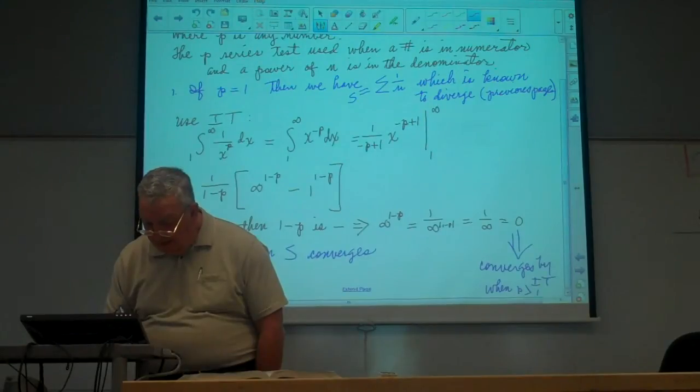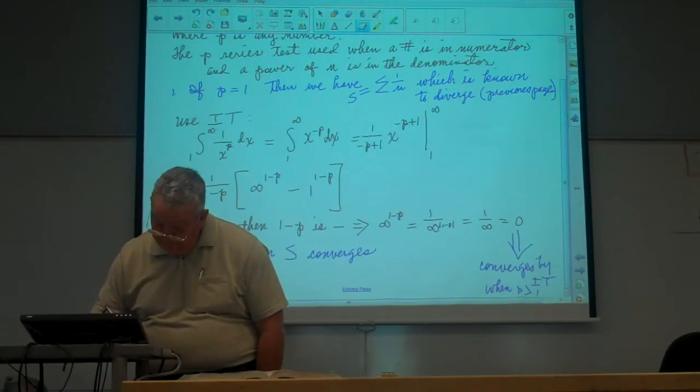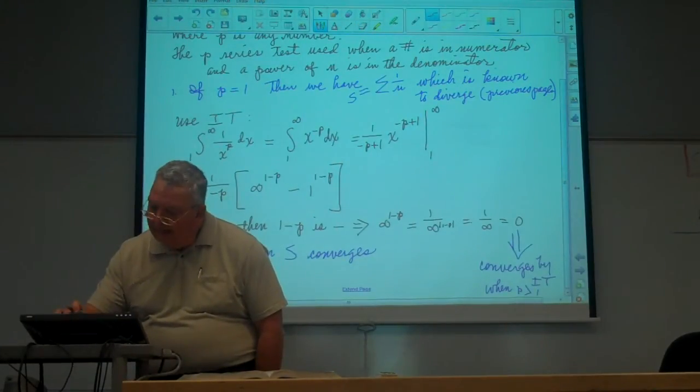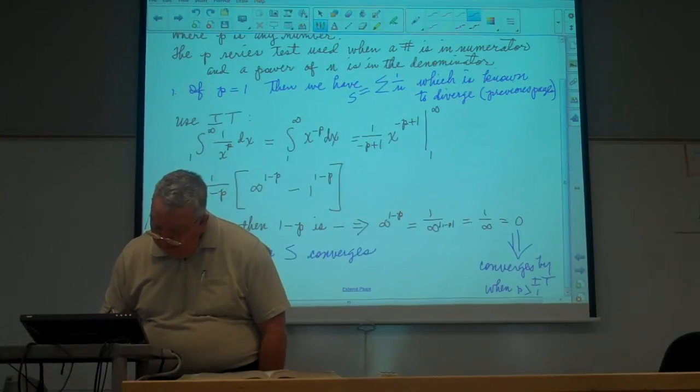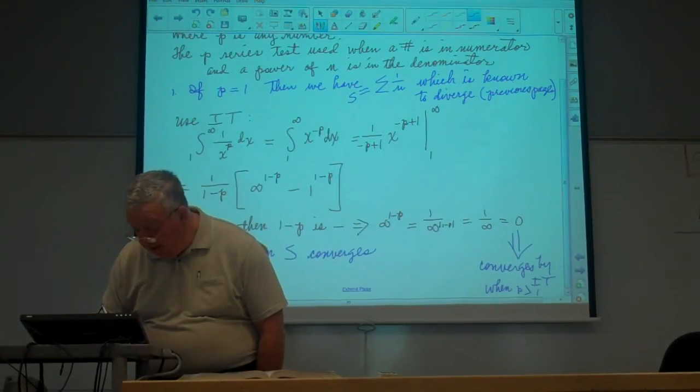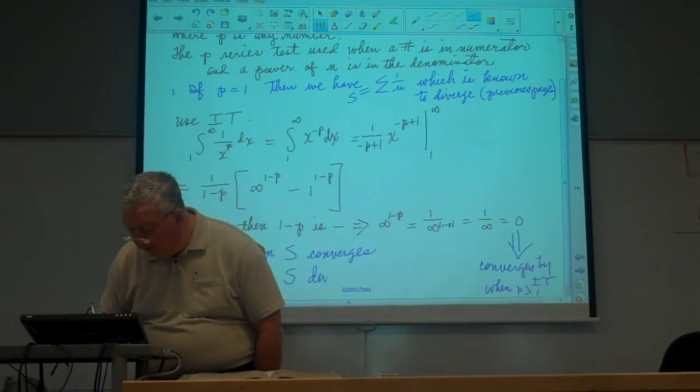And 3 is if p is less than 1, then the series diverges.